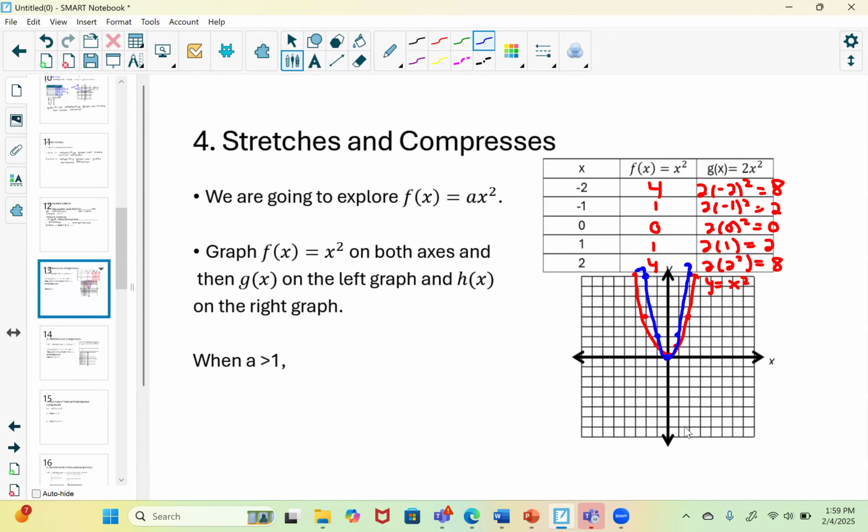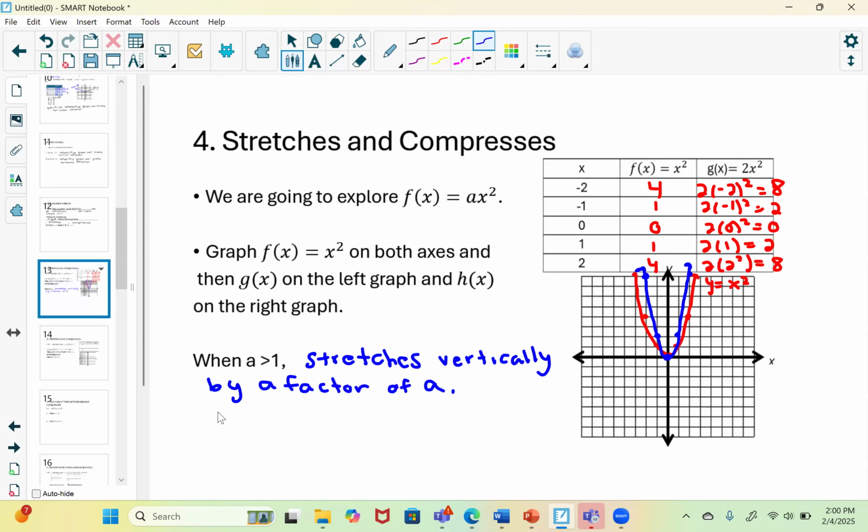And so what we can see is that all the y values doubled. So the x value is the same, but the y values doubled. And what we call that is a vertical stretch. We're stretching it up towards the y-axis. So when a is greater than 1, it stretches vertically, and we say by a factor of a.